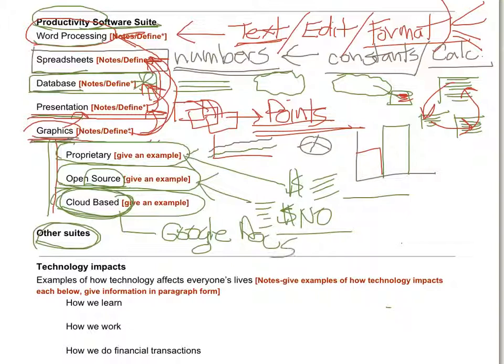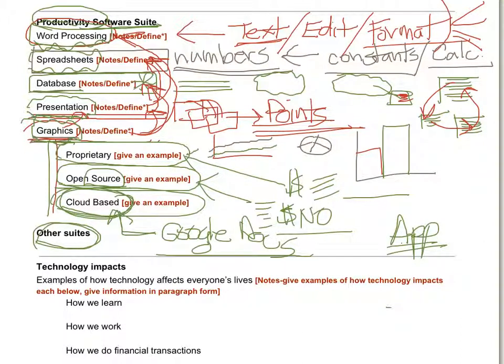Google Docs has presentation, it has a spreadsheet, it has word processing, it has a couple different ways of managing graphics and so forth. And you don't put the software on your machine, you access it via the cloud. So the app is in the cloud.